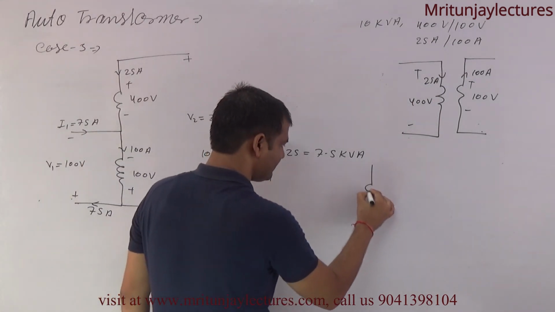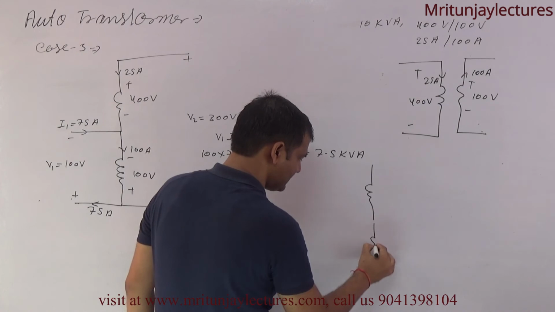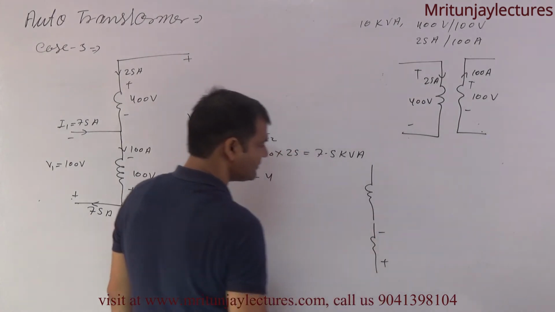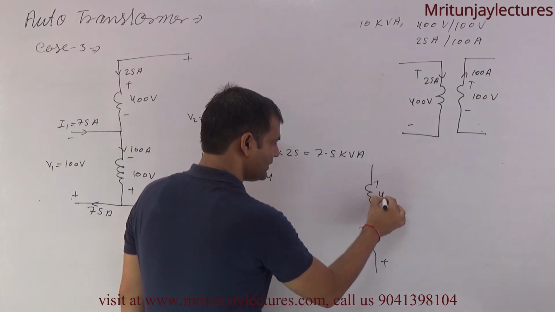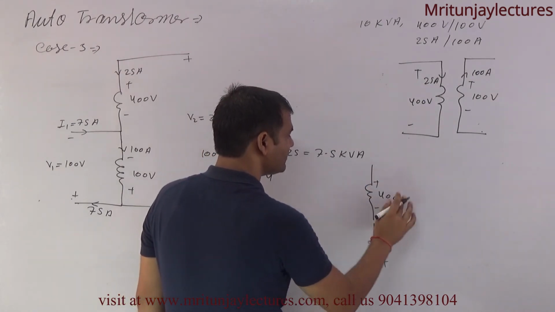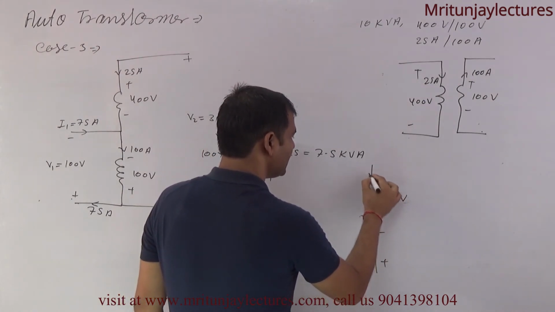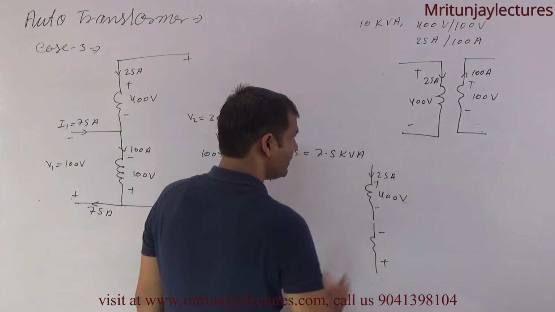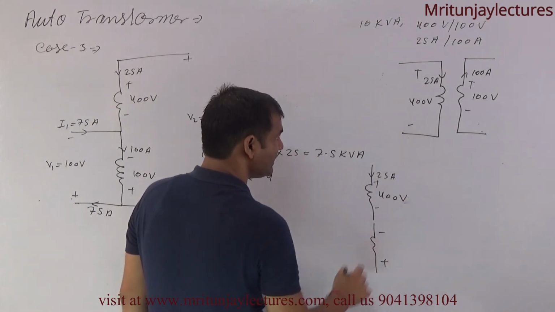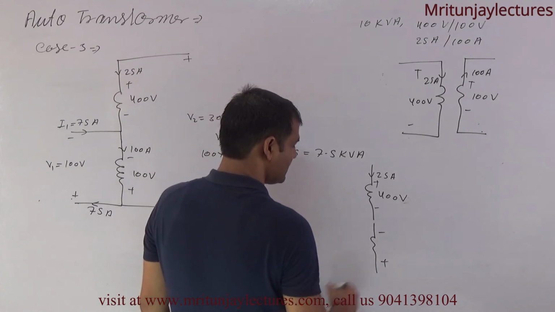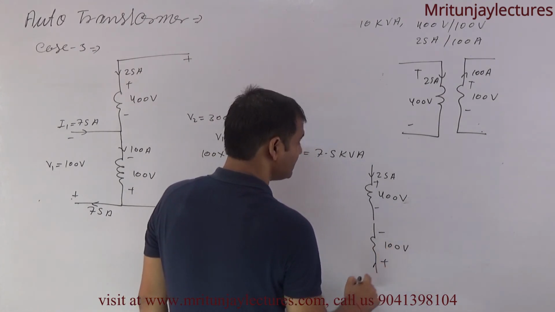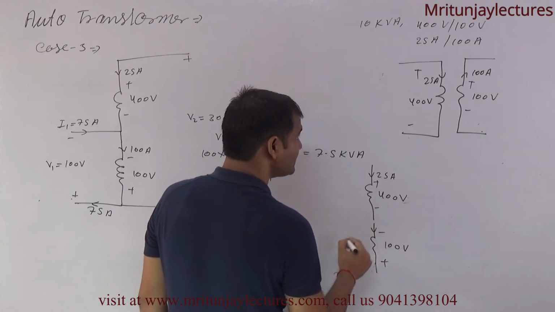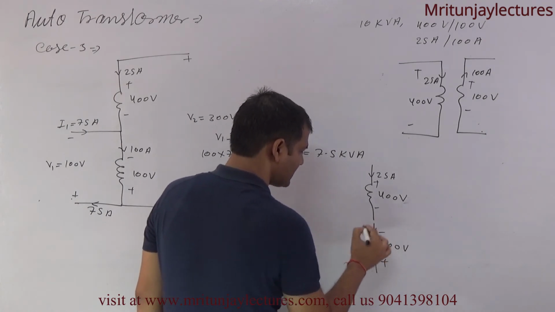So now case 4, also discuss case 4, that is 400 and that is 100. Polarity like this one. If the polarity is reversed, we get 400 volt, and direction of current like this one, and plus minus 100 volt, and direction minus to plus, that is 100 ampere. Clear?